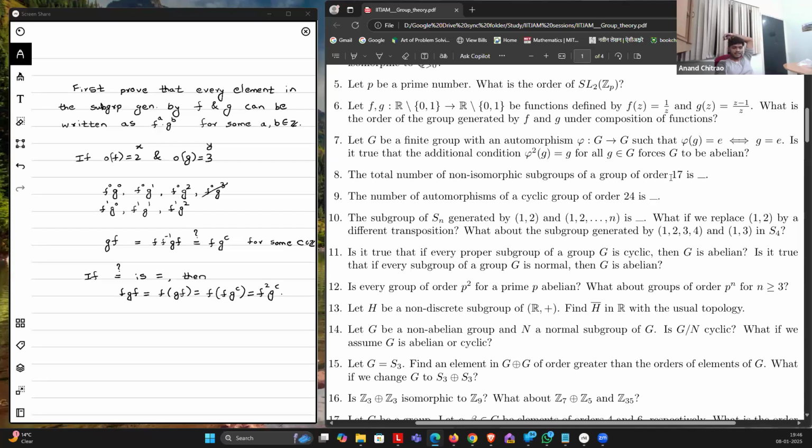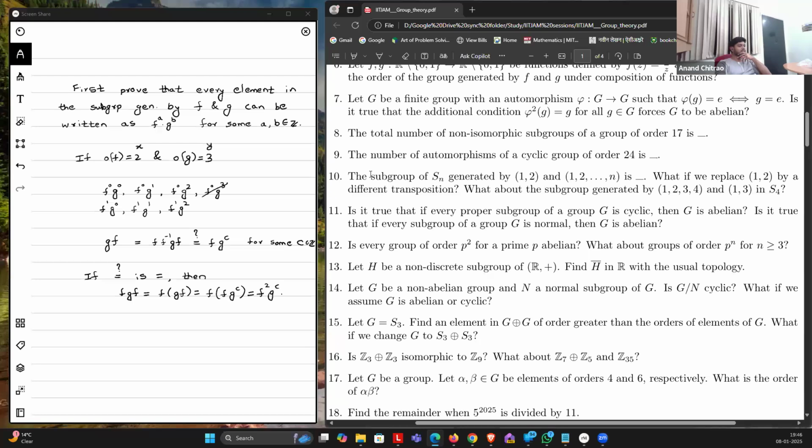The reason is that 17 is a prime. Now 17 is a prime means Z17 has exactly 2 subgroups, the trivial one and Z17 itself. The subgroups have something to do with the divisors of this number. Okay, sir.